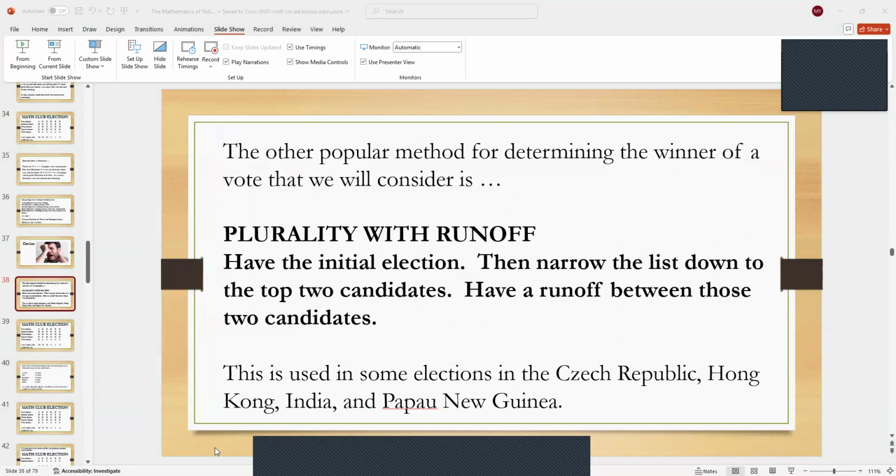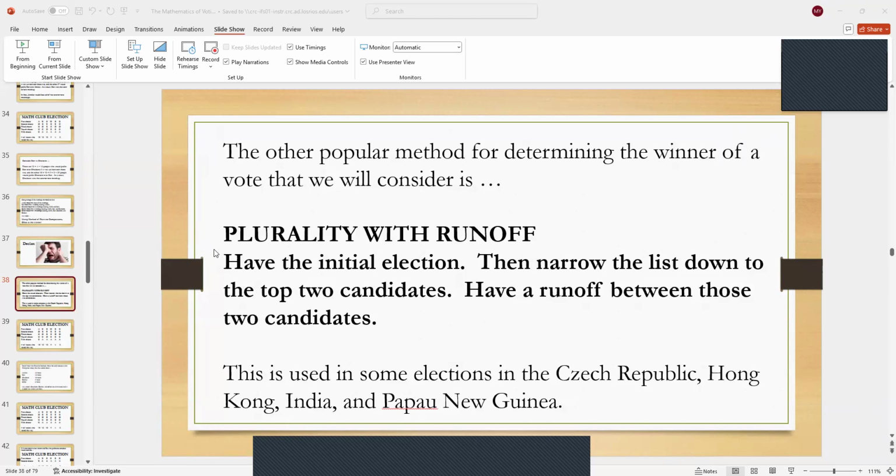None of them are perfect, it seems, but they're all widely accepted voting methods. The last one we're going to talk about is called plurality with runoff. When we're doing plurality with runoff, we actually start by having the initial election.